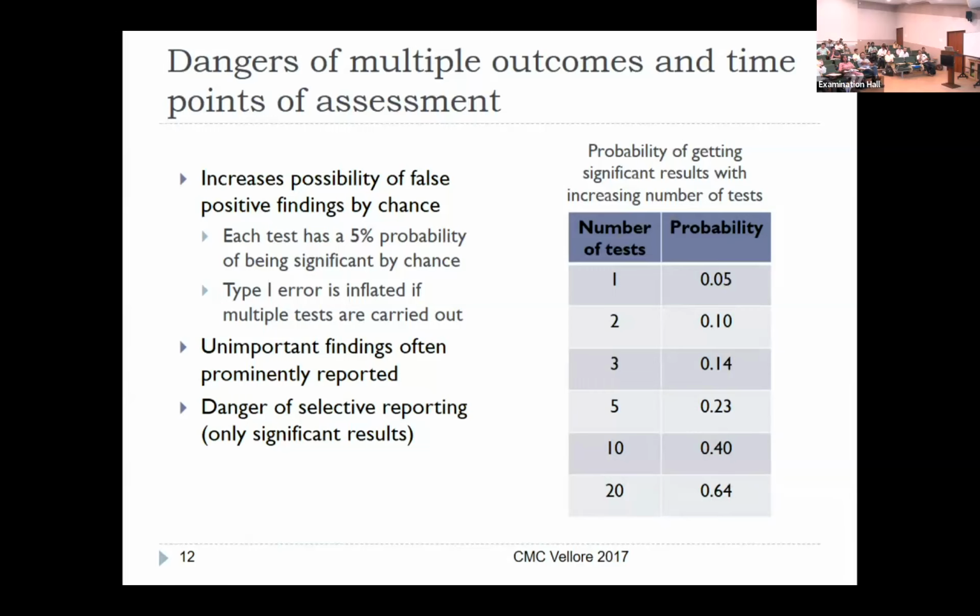And the danger is that investigators tend to prominently report things that are statistically significant, again trying to please the editors and get their paper published. And so unimportant findings are often prominently reported, or even worse, you may just selectively report what is significant. This is a danger that hopefully none of you are going to fall into.